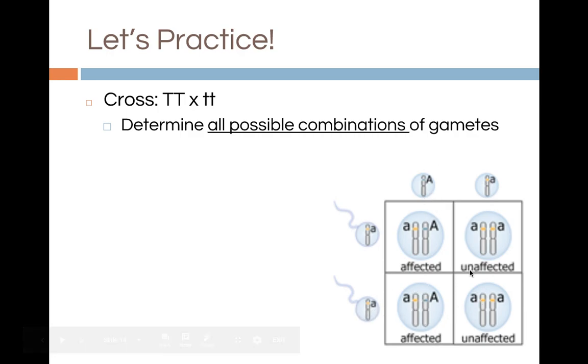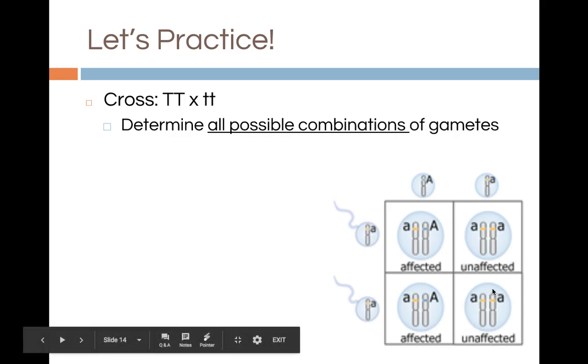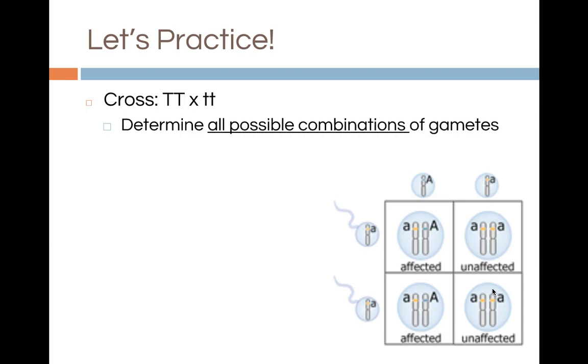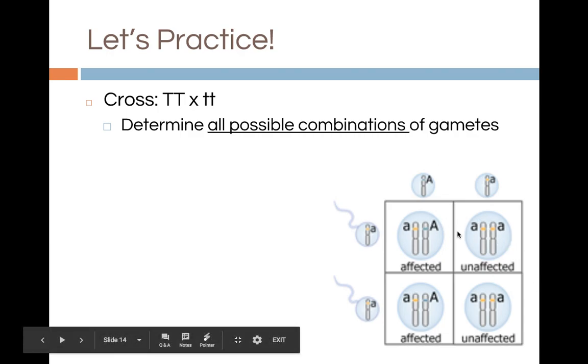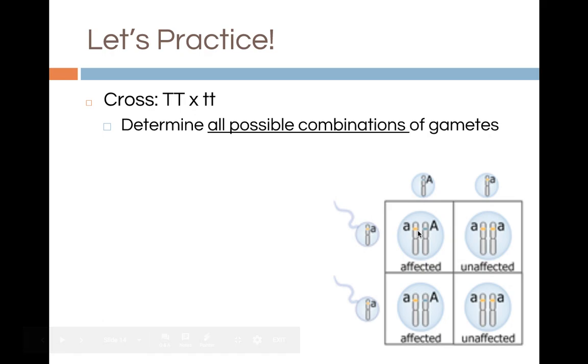This sperm, this egg, this will be the genotype. So we're seeing all the possible outcomes of the combinations. These are the possible offspring. Every single time these two parents would have a baby, these would be the chances of the genotypes for the offspring for that one trait only.